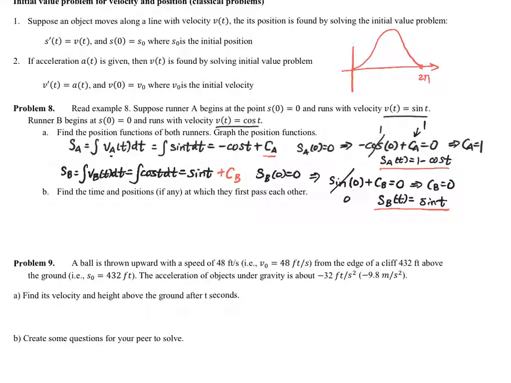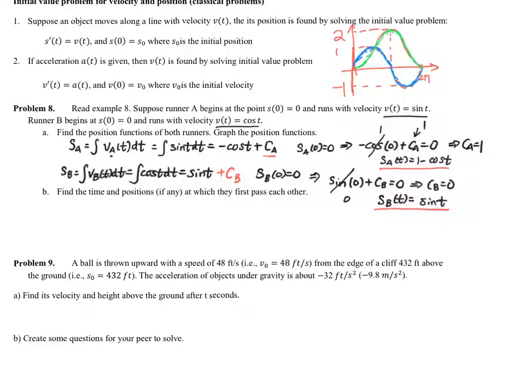And sine t, of course, looks like this. Here, this value is 2, this is just 1, this is -1. So this is for runner B, and this is for runner A.